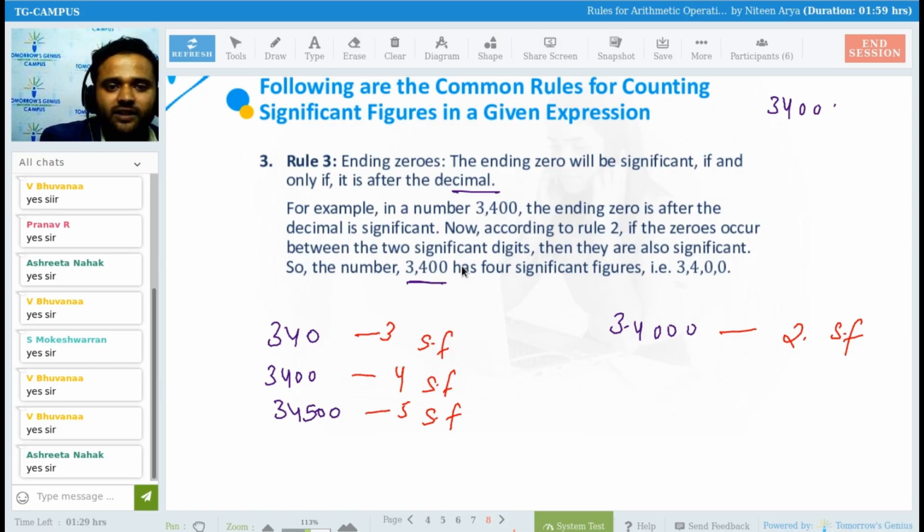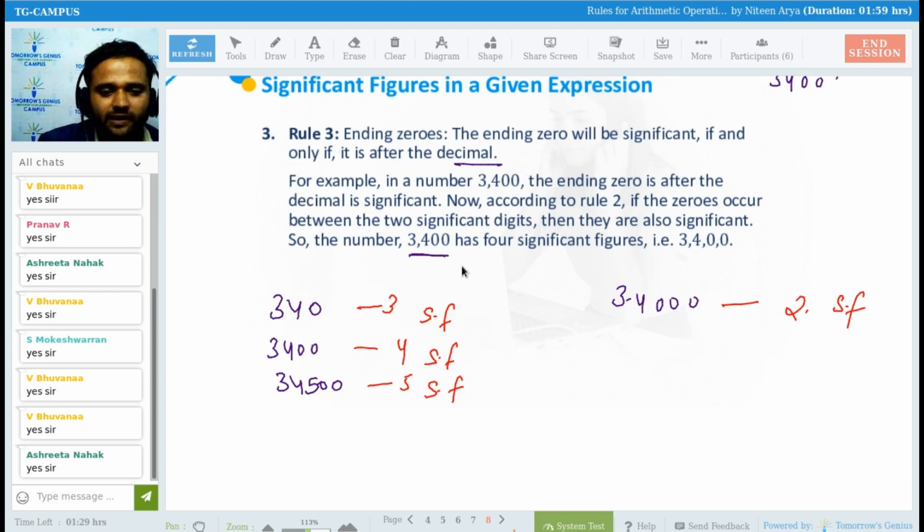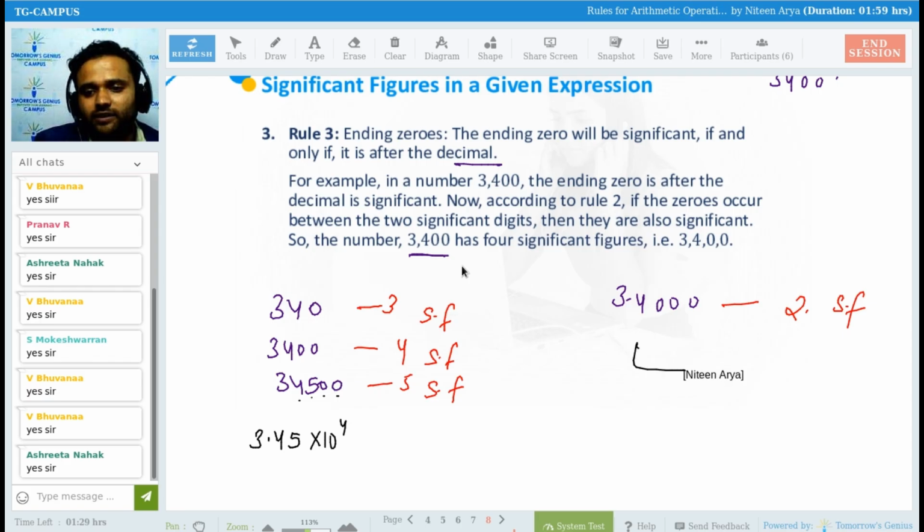Okay. One more thing, why it is counted as a significant figure and not this one: because for this you can write 3.4, 1, 2, 3, 4 into, okay, 3, 4, 5 into 10 to the power plus 4. But you cannot write this; you can say this as 3.4 into 10 to the power of, how much? 4.